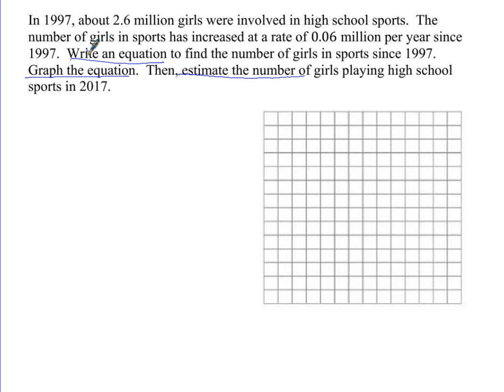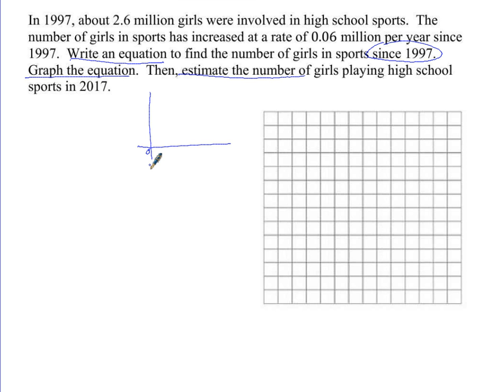So how am I going to write the equation? The answer is, first of all, starting right here, since 1997. Because they said since 1997, I can say that time starts in 1997, okay? So if I have a graph, and time started in 1997, where is 1997 on this graph?